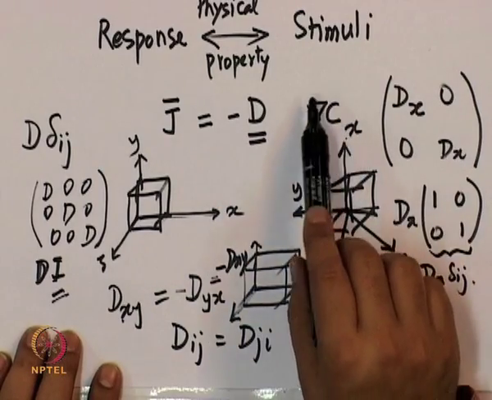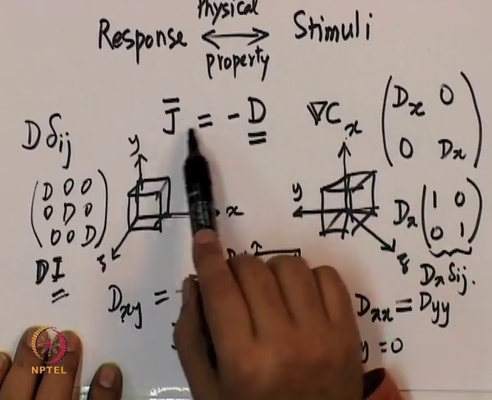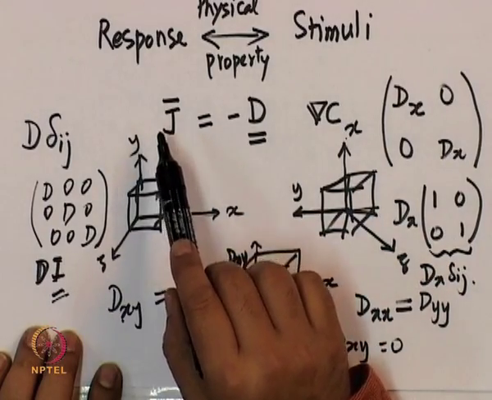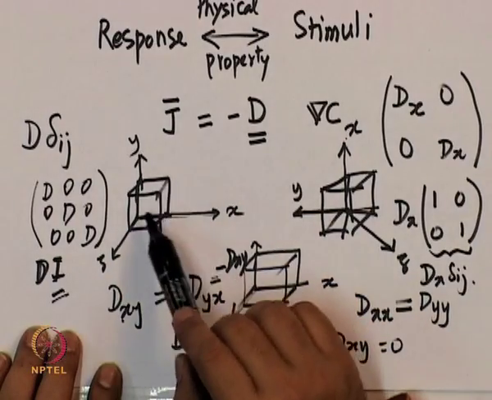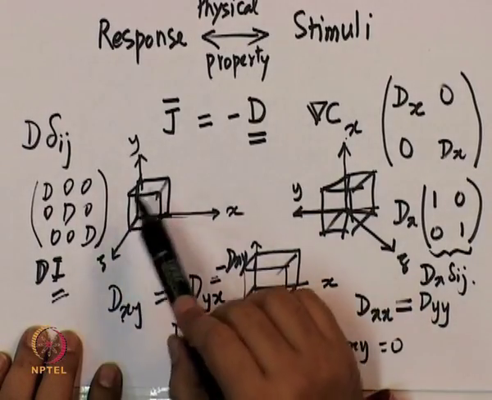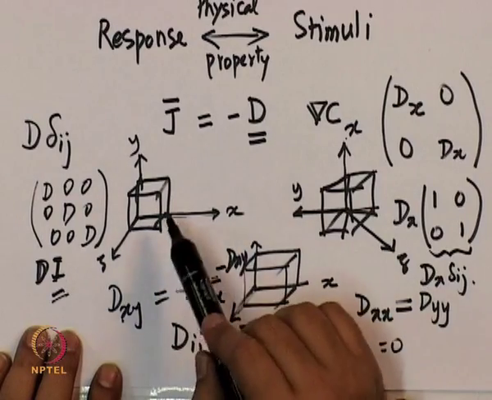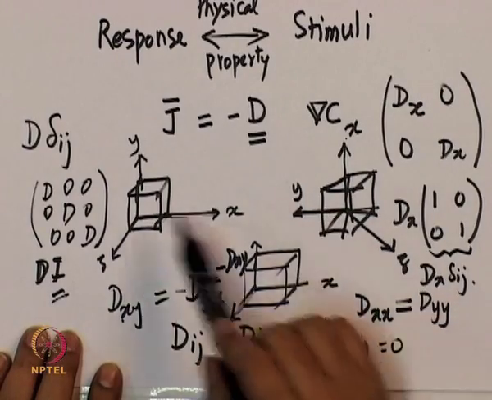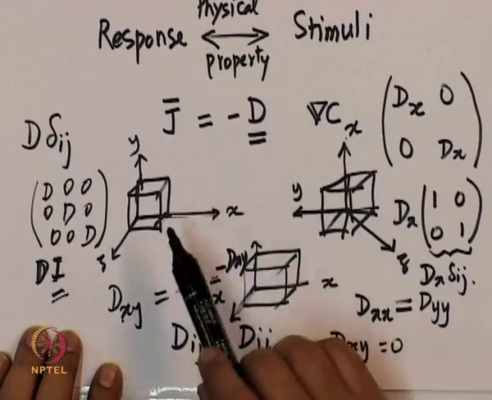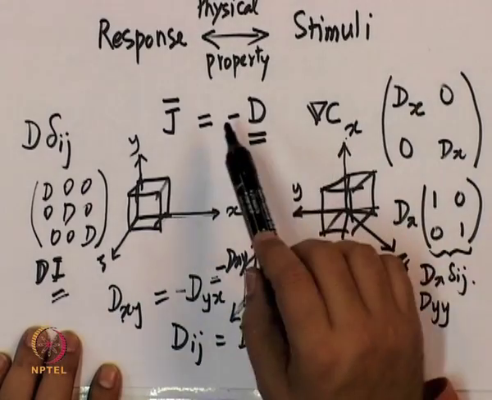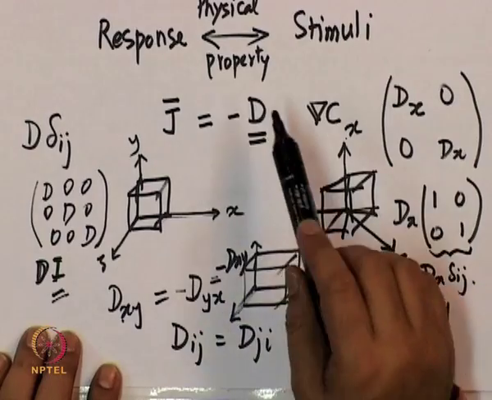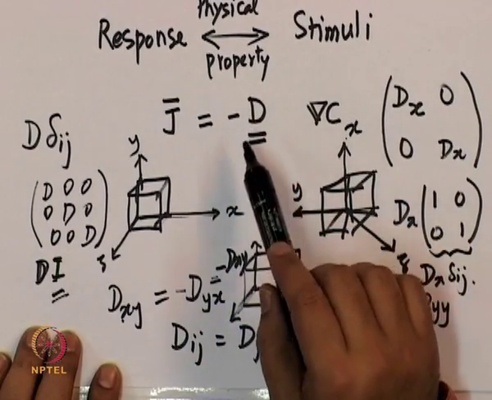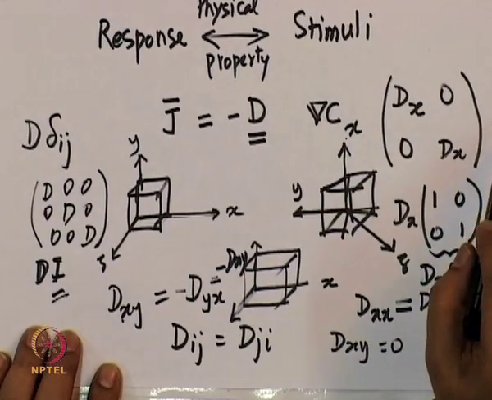One, you can take the stimuli and the response in a given crystal, and then do a symmetry operation on the crystal with respect to the fixed frame of reference. You measure these quantities in the same direction, and because that is a symmetry operation, you should not see any difference, and if the property remains unchanged, then that property has that symmetry.